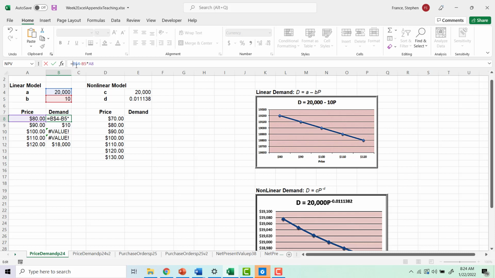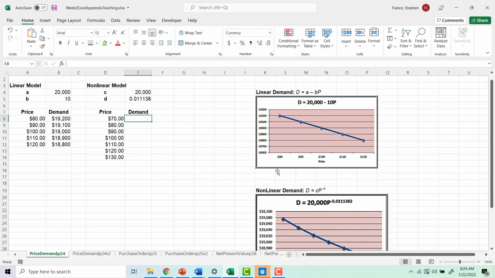But here we're going to put the dollar before the 4, and that means when we drag it, it's going to stay a 4. And equivalently with the B5, we put a dollar and click yes. Now if we go down, you see the price values change: A8, A9, A10, 11, and 12. But the B4 and the B5, our parameter values, do not change.